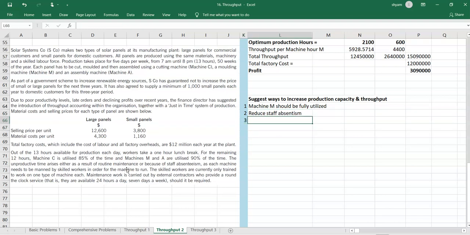Or three, as each machine needs to be manned by skilled workers in order to run, and the skilled workers are currently only trained to work on one type of machine. So we can say that training should be given to staff to work on multiple machines.